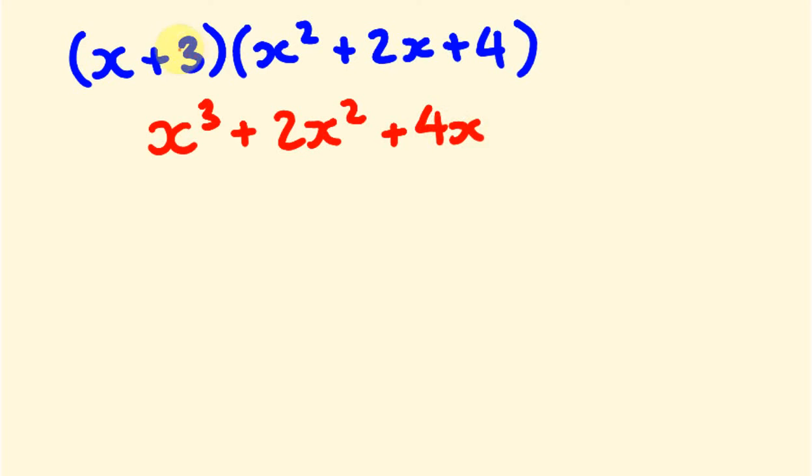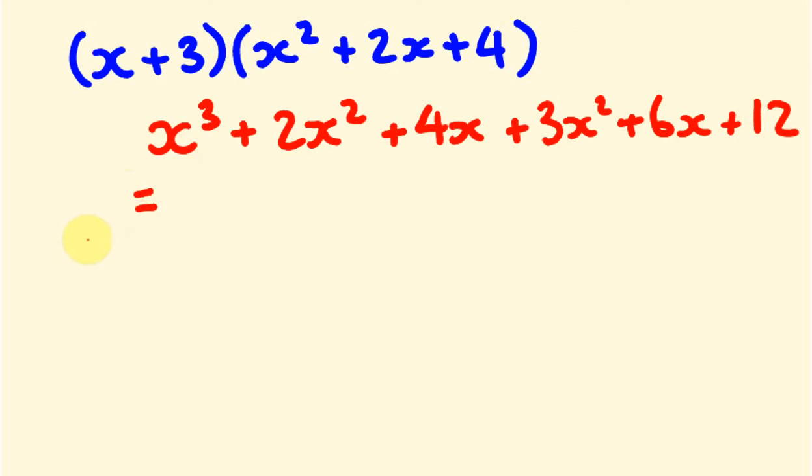We go on to the 3 here, so 3 times x squared is positive 3x squared. Then positive 3 times 2x is positive 6x, and then 3 times 4 is 12. Okay, so then what we do is group like terms.